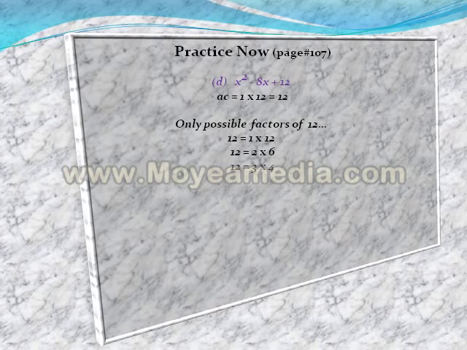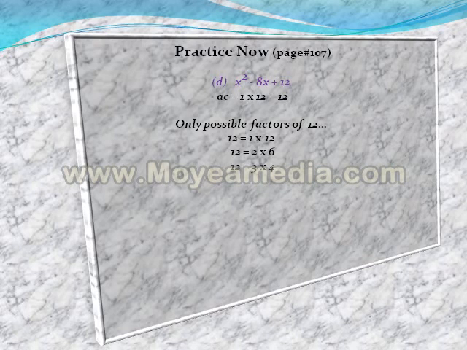Now the task remains whether adding these two numbers gives us minus 8 or not. So to figure it out, we are going to play with this: 12 plus 1 gives us 13. What we are looking for is minus 8. 12 minus 1 is 11. We're looking for minus 8. So this 1 and 12 pair goes out of the contest.